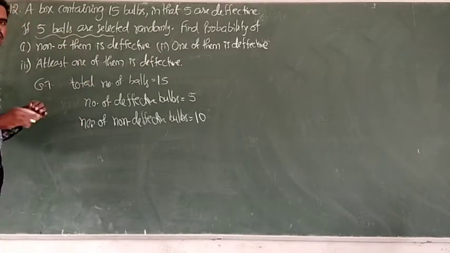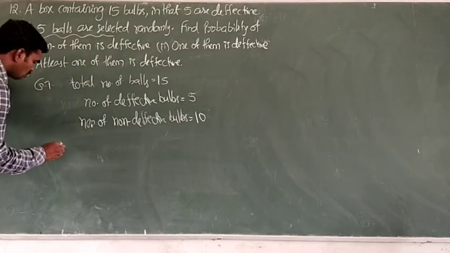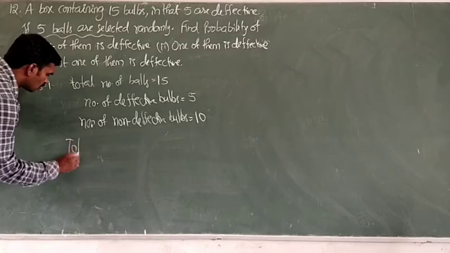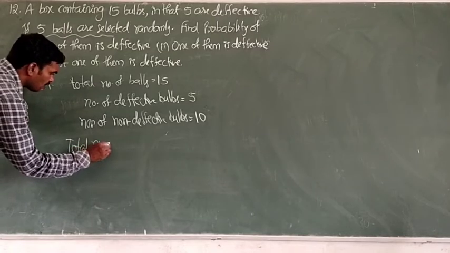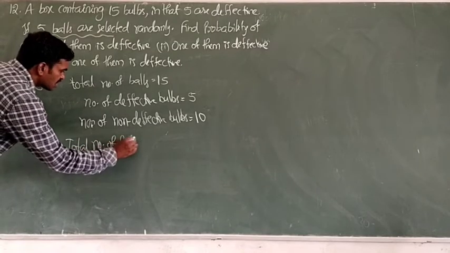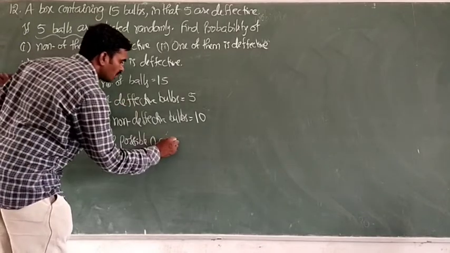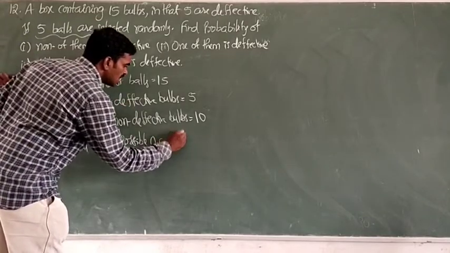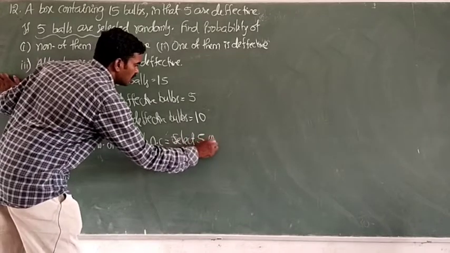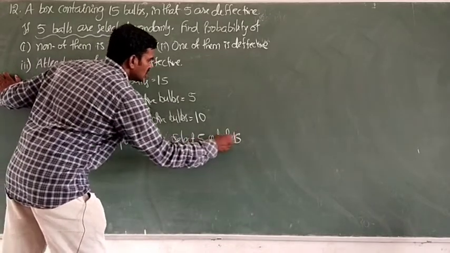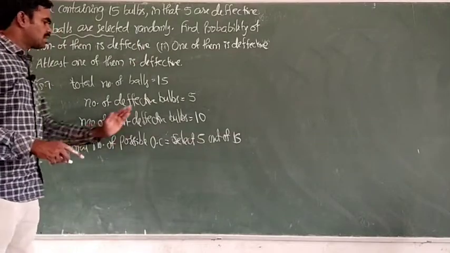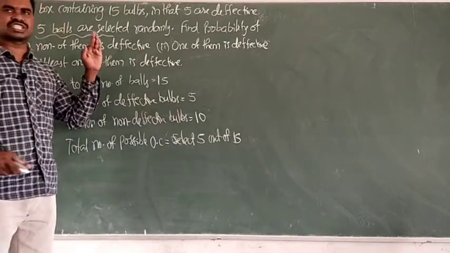Okay, 5 are selected. So out of total number of possible outcomes, means select 5 out of 15. So this is actually total number of possible outcomes without any restrictions.